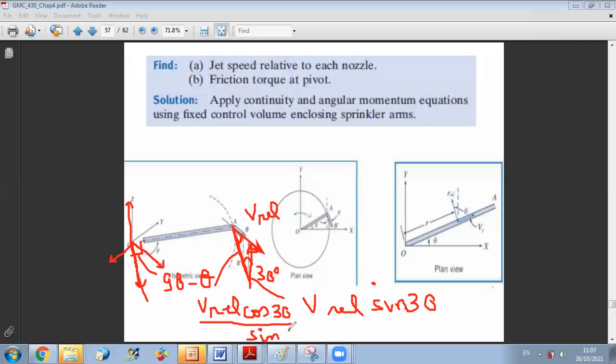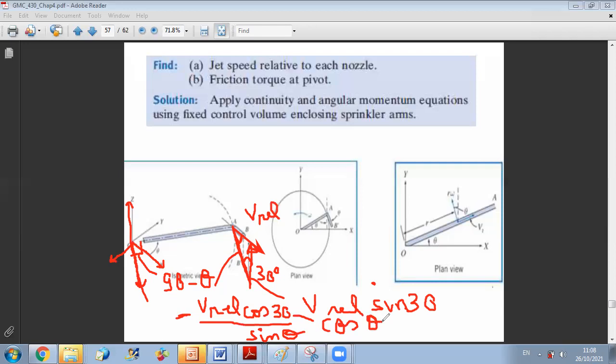While for the vector component along y, it's a negative component. So I should put minus V relative cosine 30 and then multiply by cosine of theta.